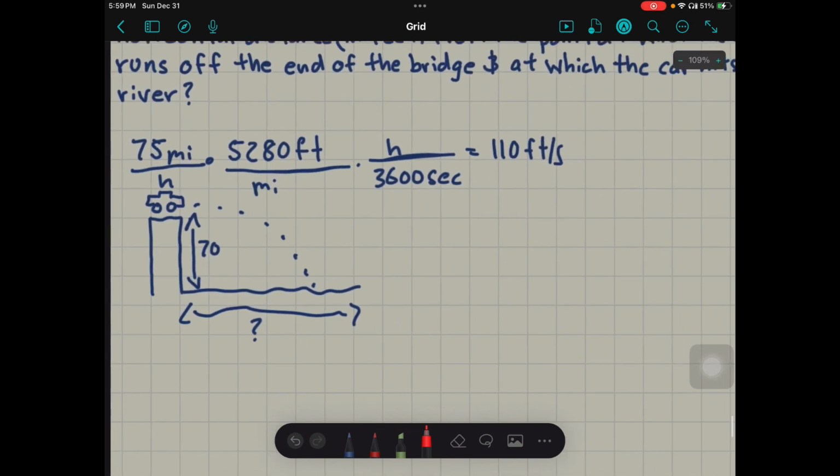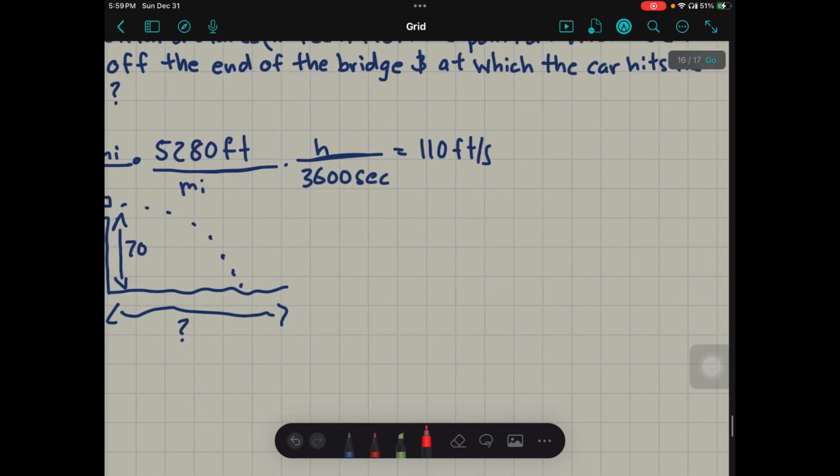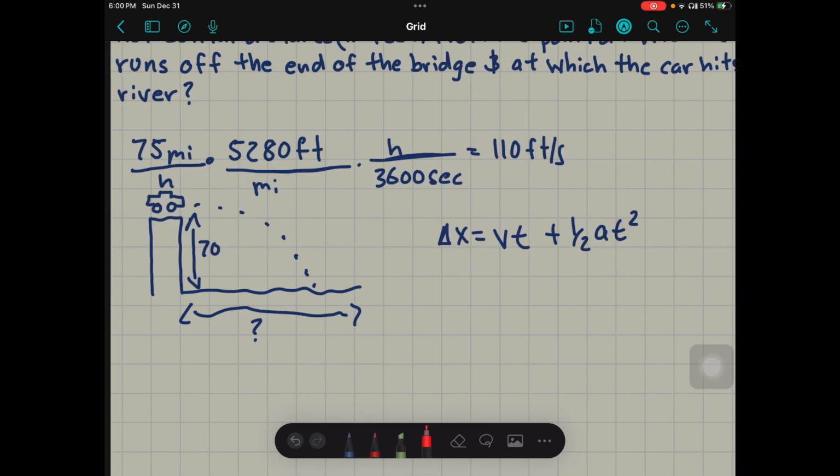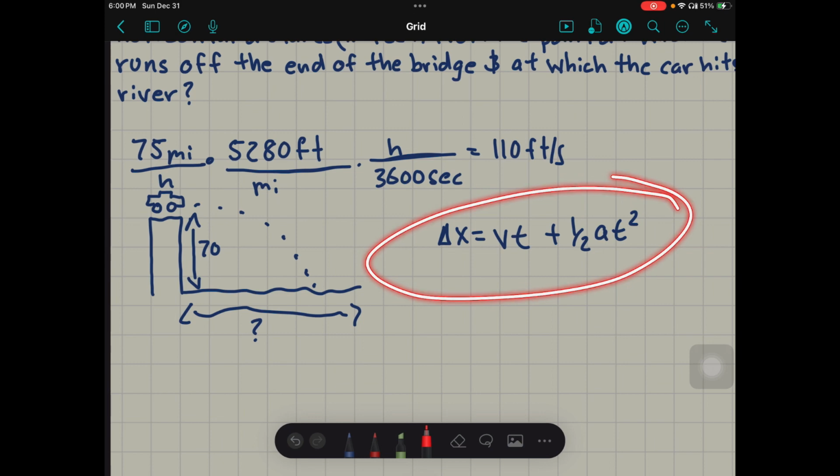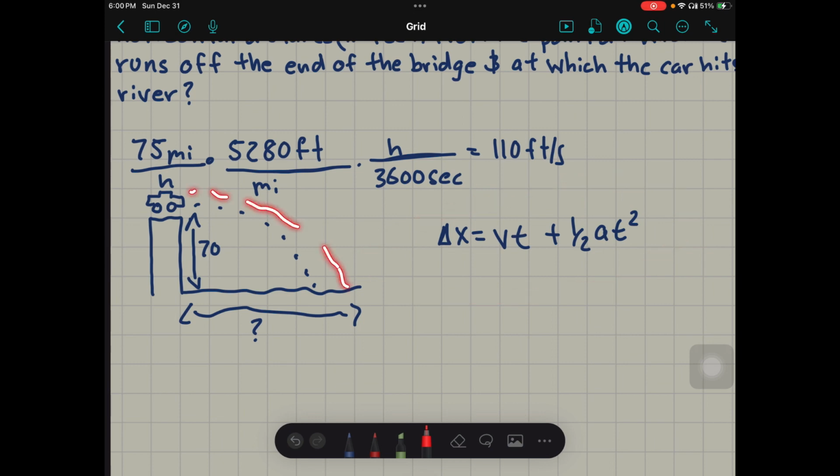To solve that, we can use this formula, which is the change in x equals velocity times time plus 1/2 at squared. The reason we use this equation is because the car is going off a cliff, and because of that, it has acceleration in the y direction. So we have to incorporate the a value.